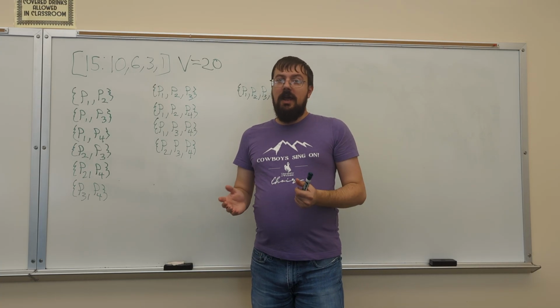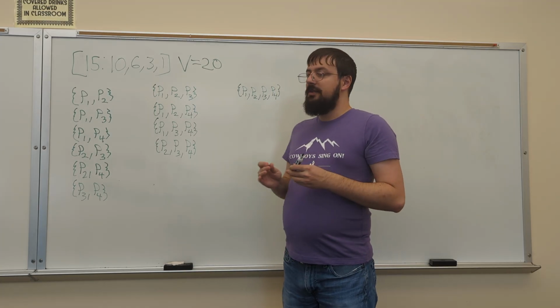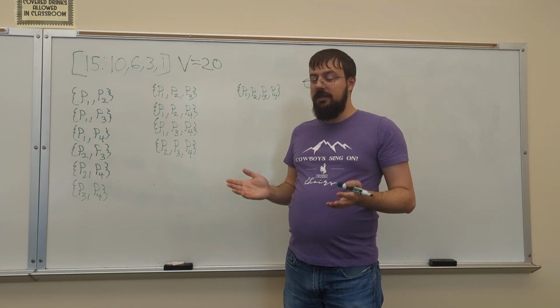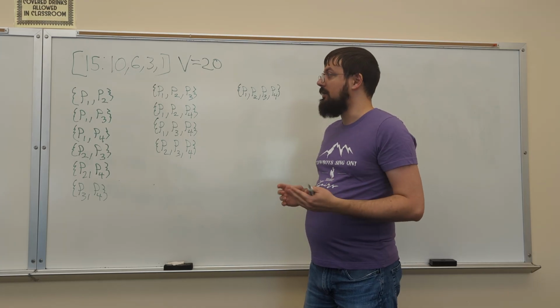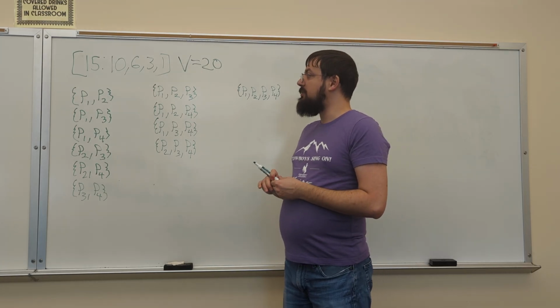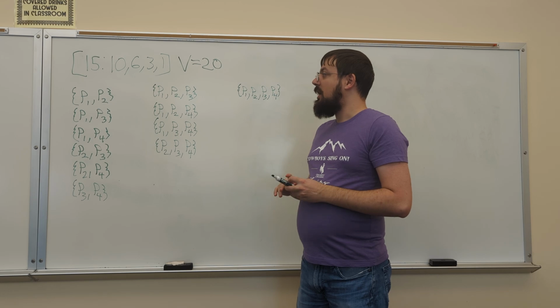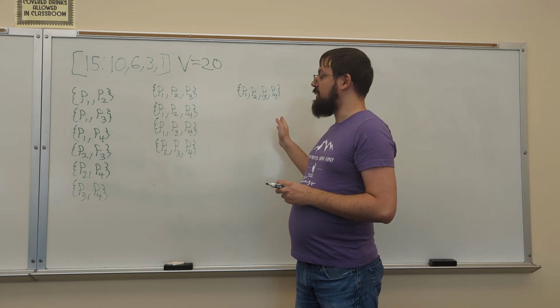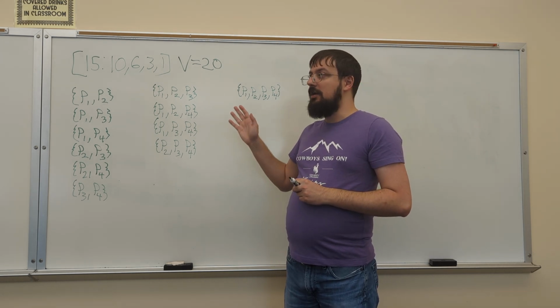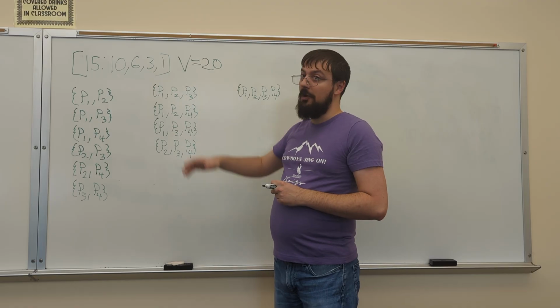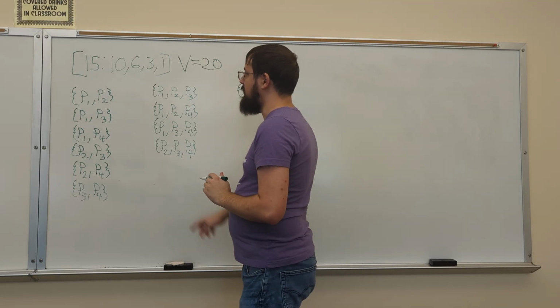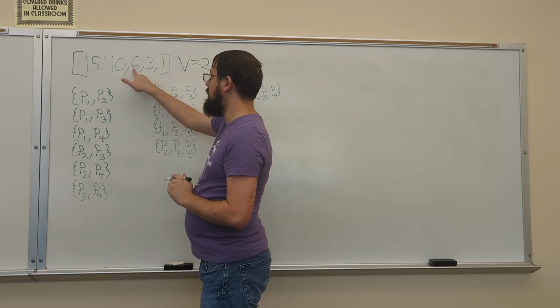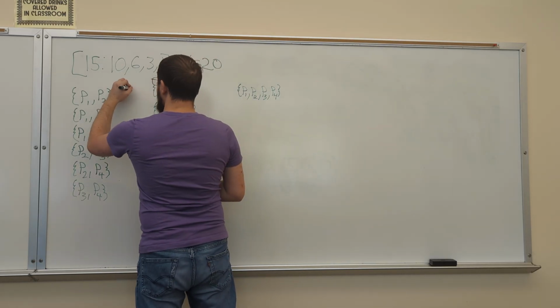So once we've figured out our list of coalitions with 2 or more players, we need to figure out which ones of these are winning coalitions. So what we're going to do is figure out how many votes each of these coalitions has and figure out if it's at least equal to the quota. So we'll start with this first one, P1, P2. We have 10 plus 6, that's 16 votes.